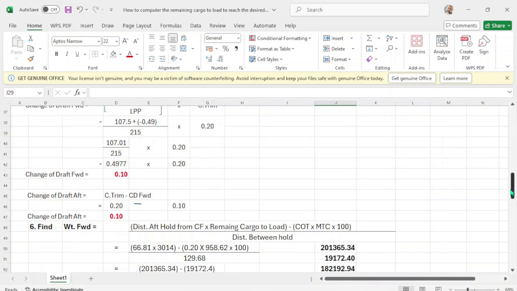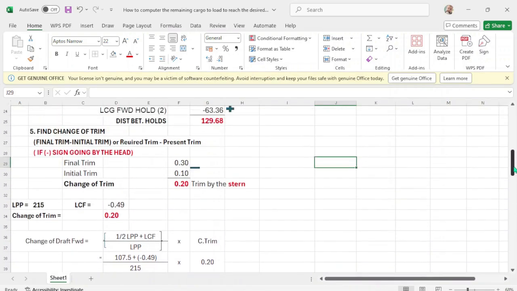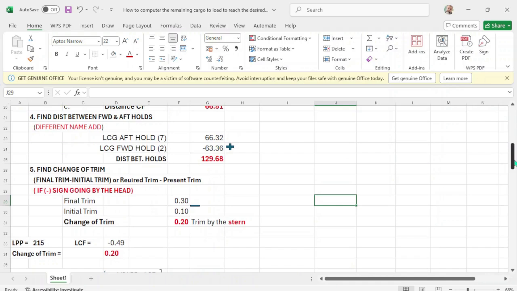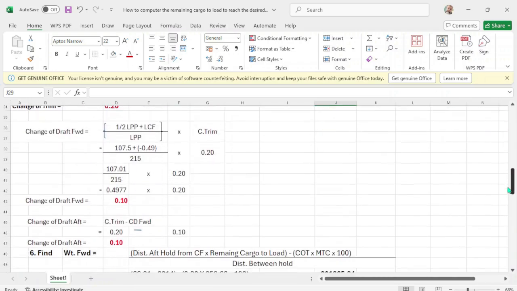Change of trim is 20 centimeters. Final trim minus your initial trim is your change of trim of 20 centimeters.